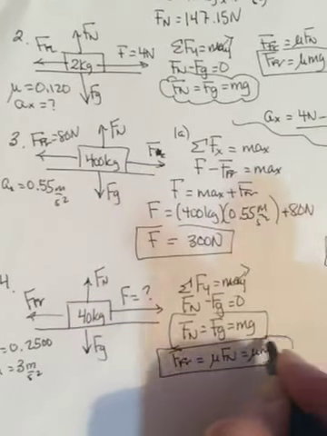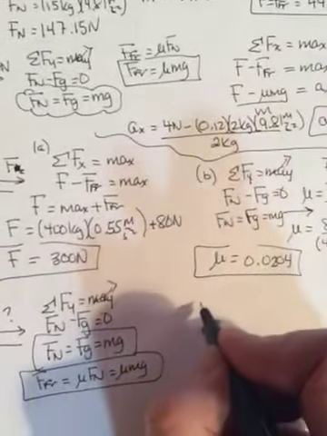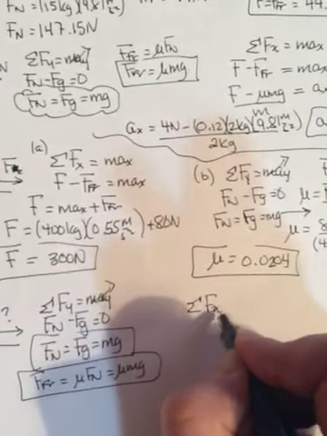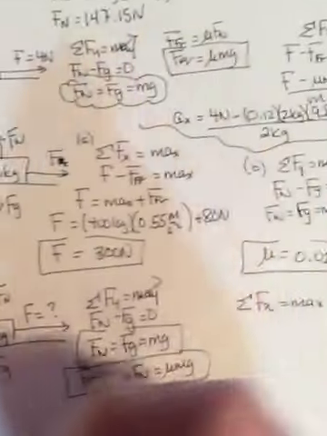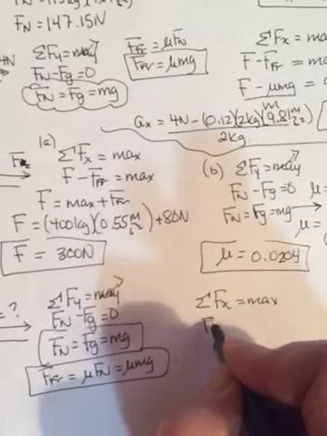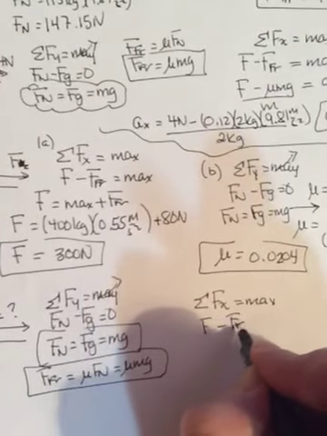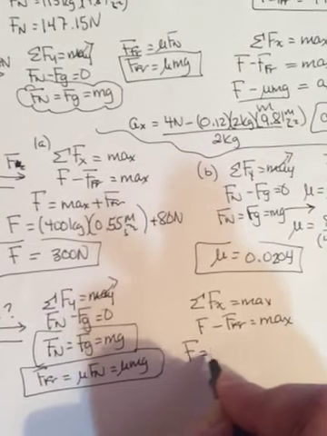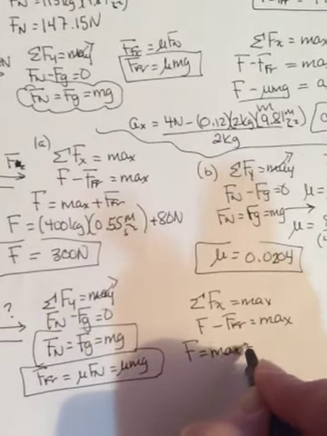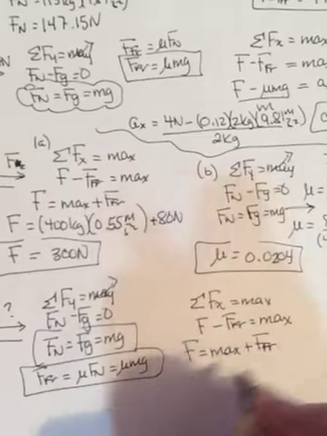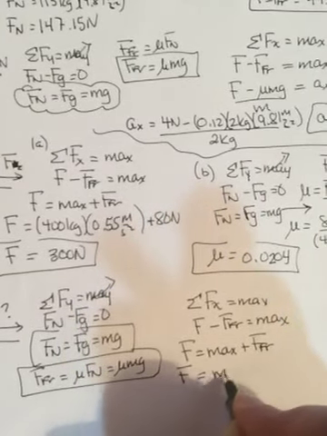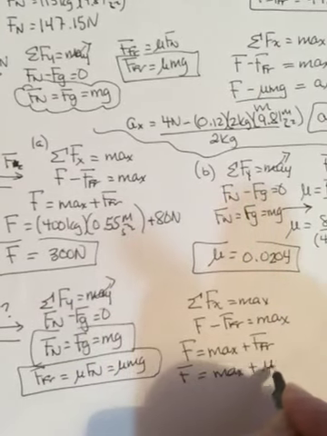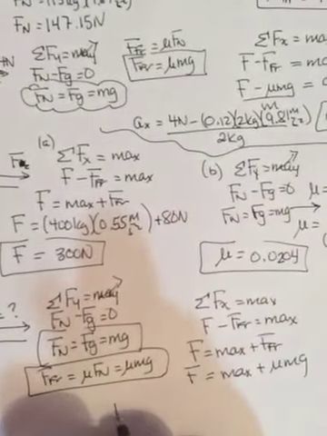And I wouldn't fill my numbers in, even though I could. Instead, I'd go to the sum of the forces in the x direction. And in the x direction, we have the F that we don't know, minus friction, is equal to m a_x. So take friction to the other side, where you add it. And so it's really F is equal to m a_x plus mu mg. And now I would fill my numbers in.